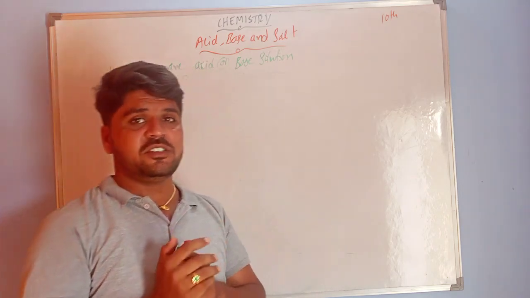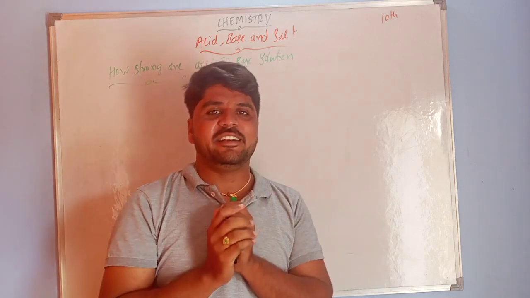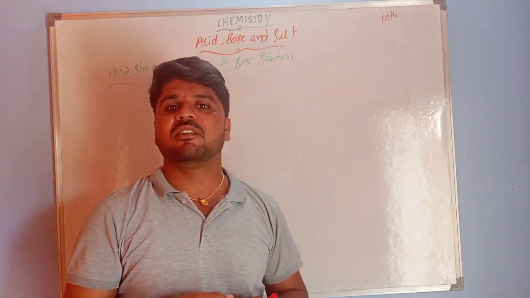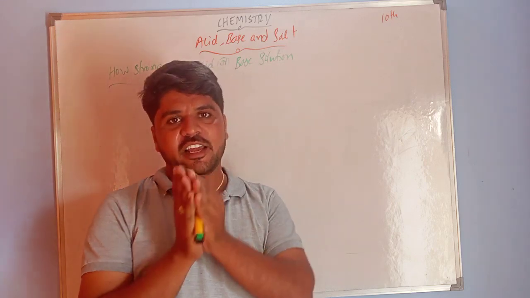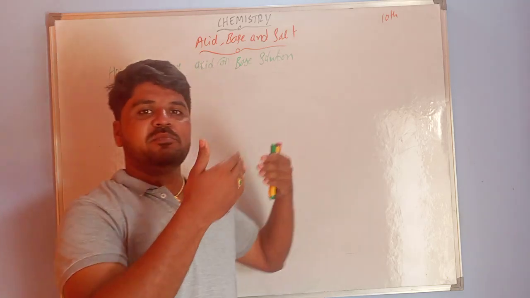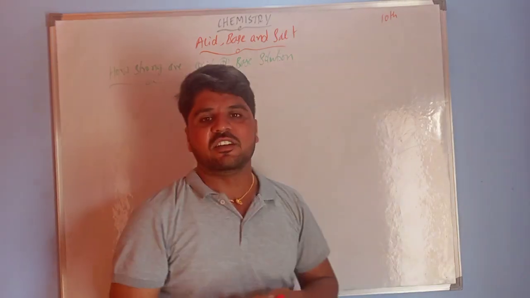How can we distinguish? By using indicators. Which type of indicators? Blue litmus paper, red litmus paper, phenolphthalein indicators. Like such indicators we can identify whether it is a base or an acidic solution.